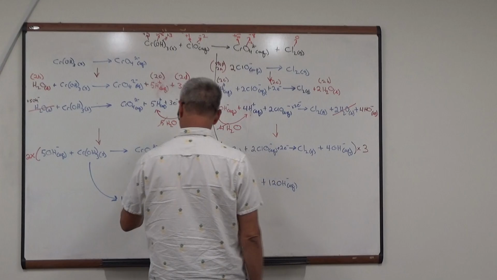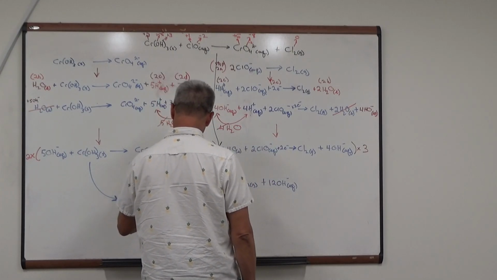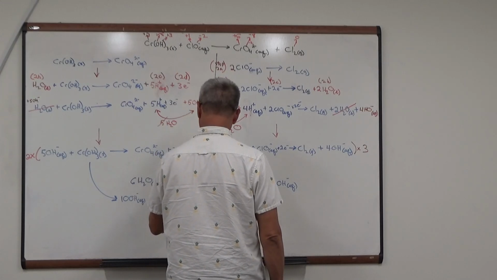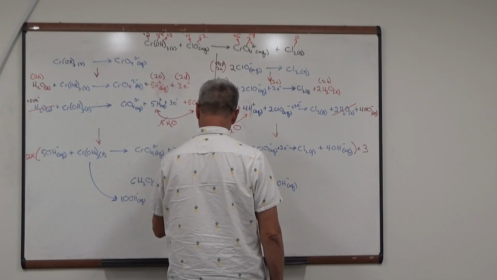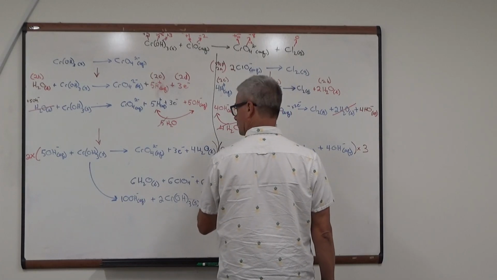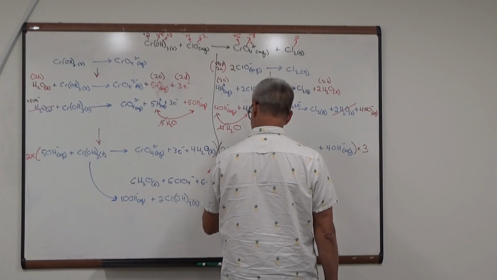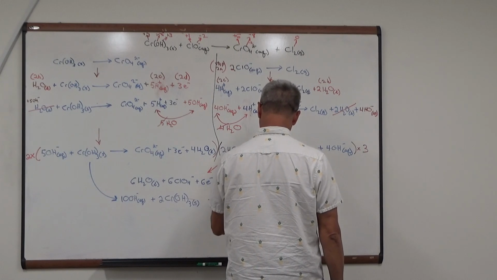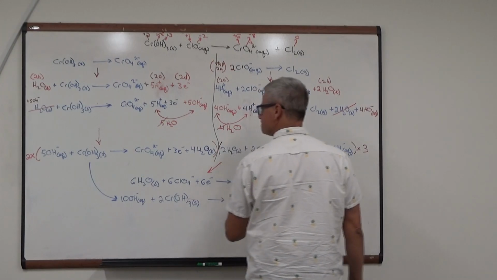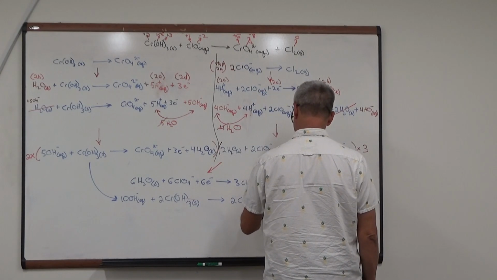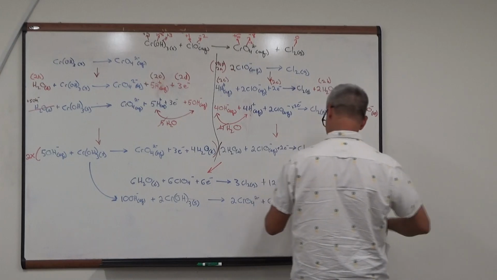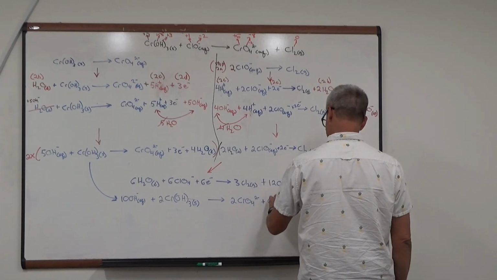Okay, 2 chromium hydroxides, okay, going to 2 chromates, plus 6 electrons, yep, plus 8 waters.